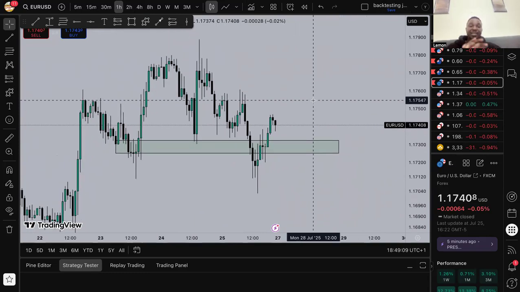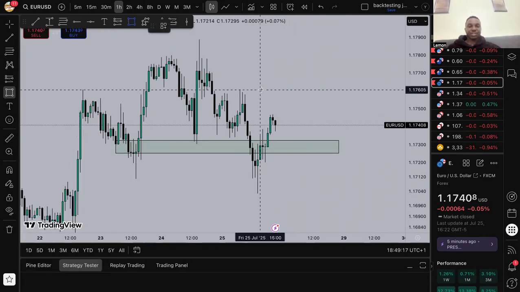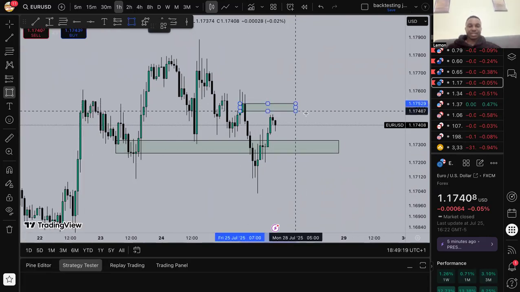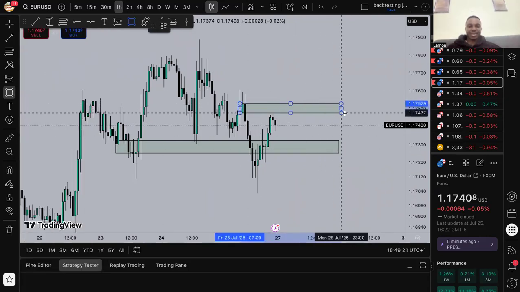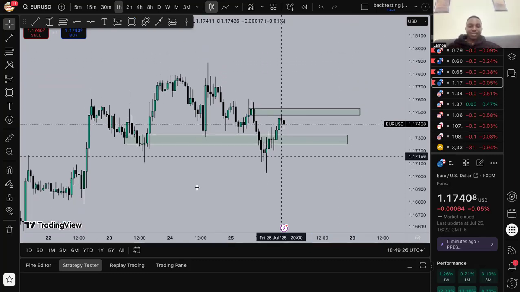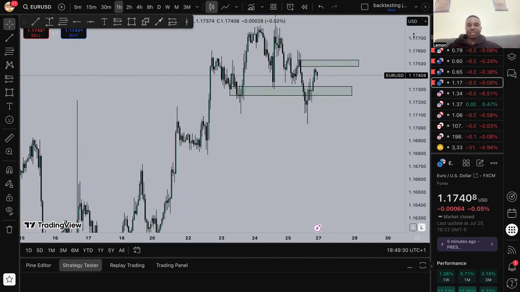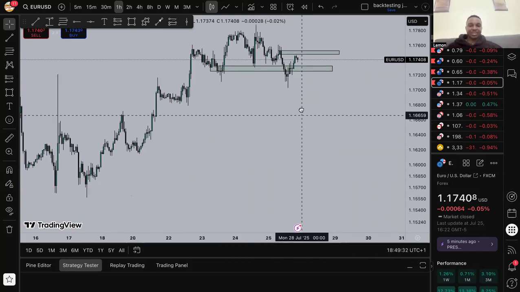And on our H1, you can clearly see that we broke structure, came back up. So we can only see a change of structure if we break this last lower high. So we are in a downtrend right now. On our Euro USD, all we can see is sell.